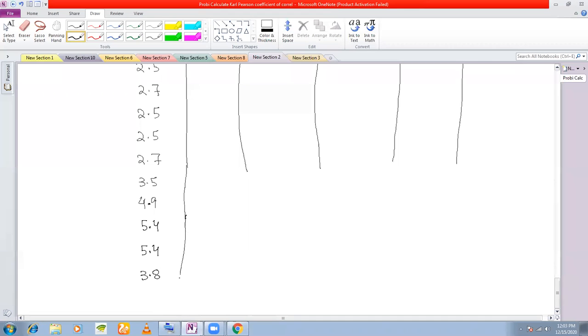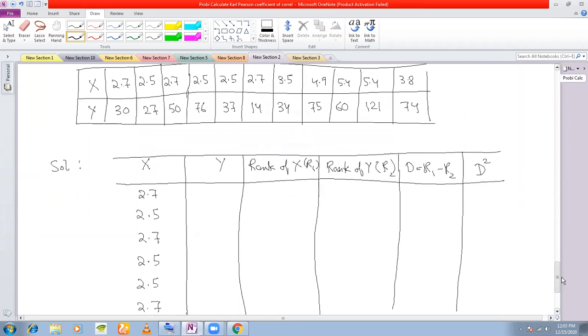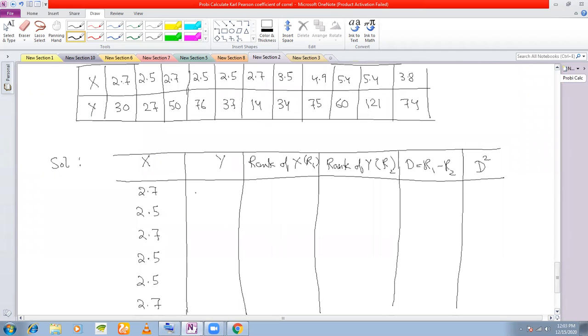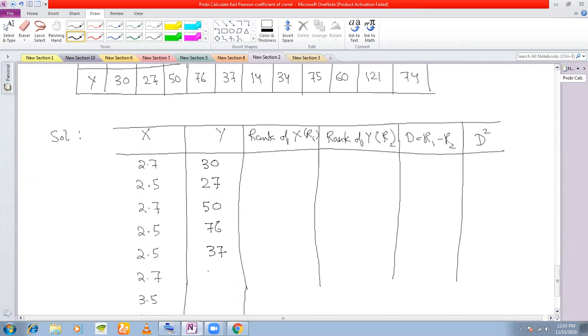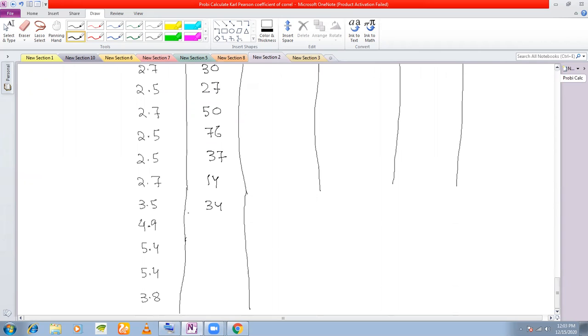These are the X series observations. I told you, try to arrange in ascending order as much as possible, either X or Y. Corresponding Y are 30, 27, 50, 76, 37, 14, 34, 75, 60, and you have 121, 74. That's it. Now we shall assign our ranks.